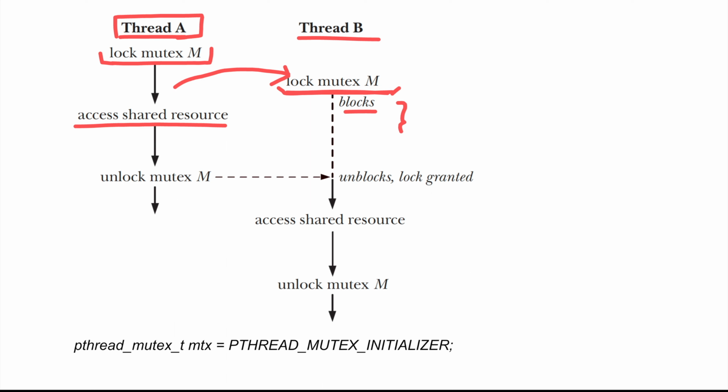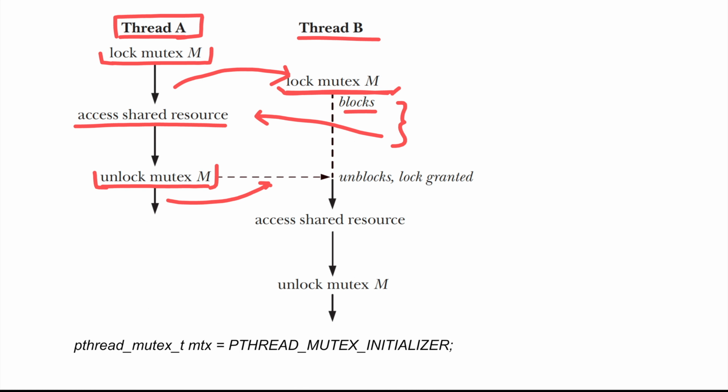Since it will not be able to proceed, let's assume the context switch happens again. Thread A is going to continue its execution. It will access the shared resources and at the end unlock the mutex so that other threads can now access the shared resource. Let's assume a context switch happens again here.